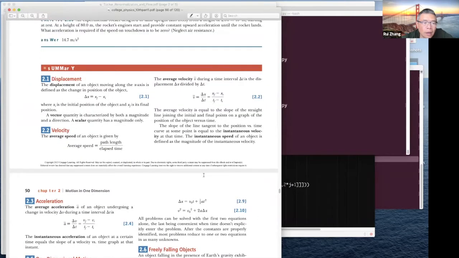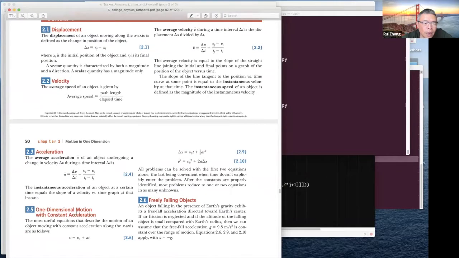Constant acceleration motion: the v formula, then delta x, and then v. They use a slightly different notation than we did. They use v naught for vi and v for vf, but it's the same formula. Same thing here: they only put t, but essentially it's delta t, the changing time.